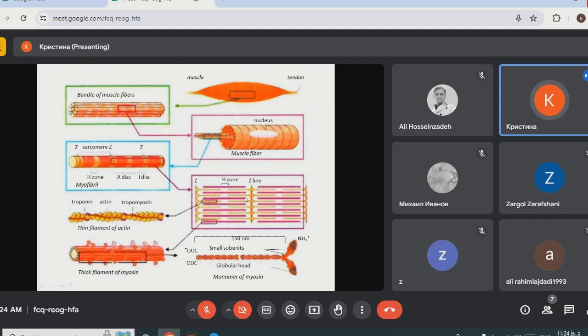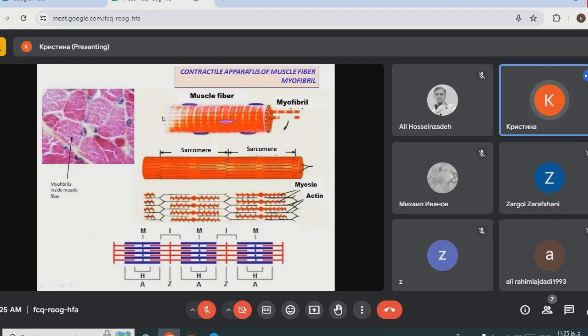Each of them consists of everything between two Z lines. Z lines are the areas into which the thin actin filaments are attached. So the Z line is the middle line which attaches the thin actin myofilaments.